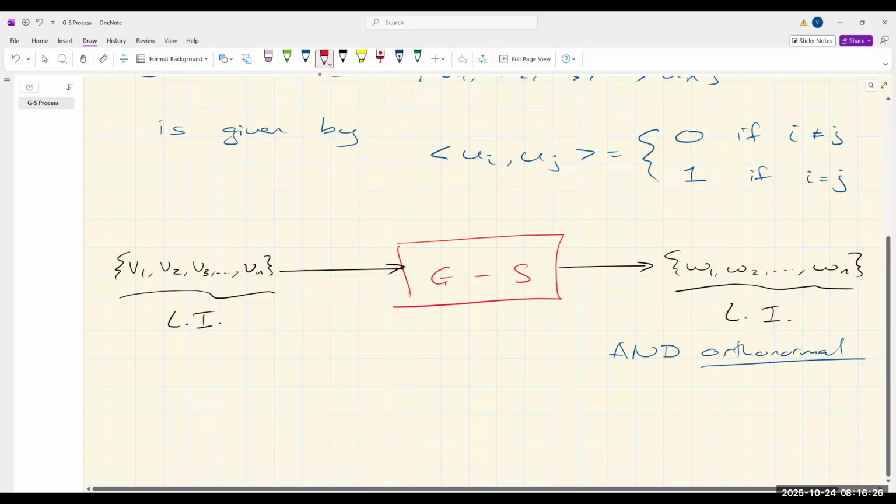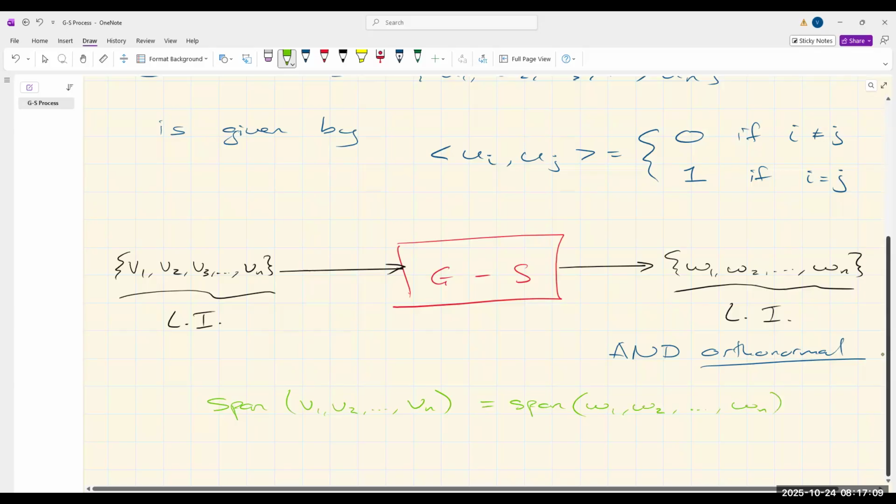And you'll see when you look at the course notes that in the statement of this theorem, they put something at the end: the W's are an orthonormal set, and they say that the span of the W's is the same as the span of the original set. So they say something like the span of this original set of vectors, v1, v2, up to vn, is the same as the span of these new vectors, w1, w2, up to wn.